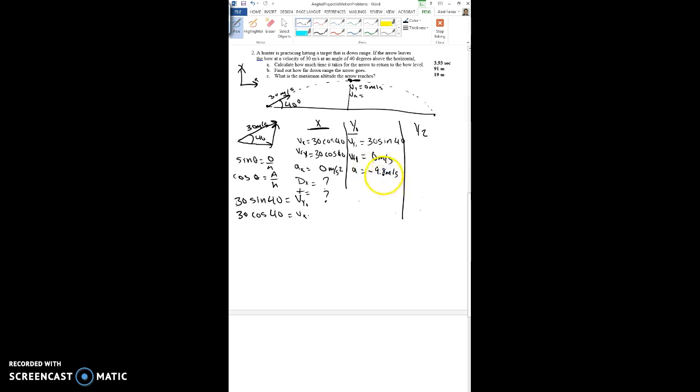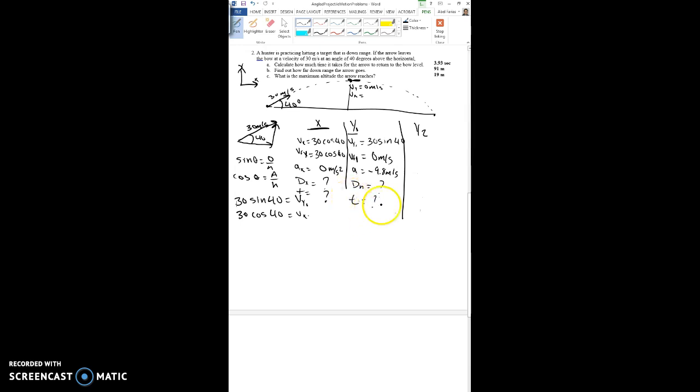The reason it's negative is that the acceleration is pointing down while the velocity is pointing up. Anytime you have opposite velocity and acceleration, you have to have the acceleration in the negative direction. If it's slowing down, it's in the negative direction. If it's speeding up, you can have it in the positive direction. The distance I'll call h, which we do not know, and we do not know the time.